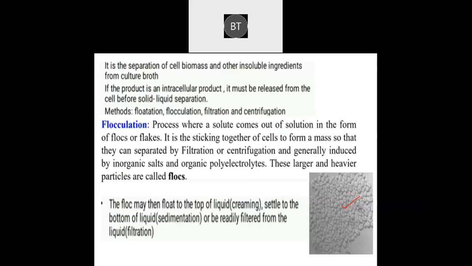Those compounds can be the inorganic or organic salts I have already mentioned, such as polyelectrolytes. These flocs may float to the top of the liquid to form a cream. Otherwise, they may settle at the bottom of your fermenters, which is called sedimentation, and they can be filtered off very easily.